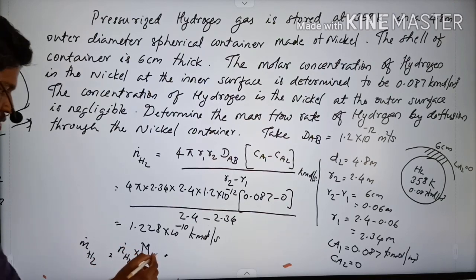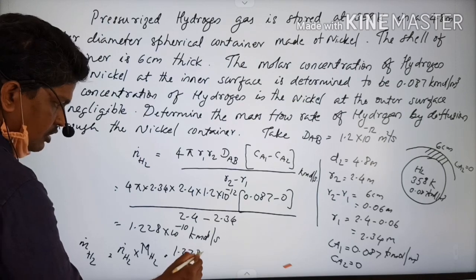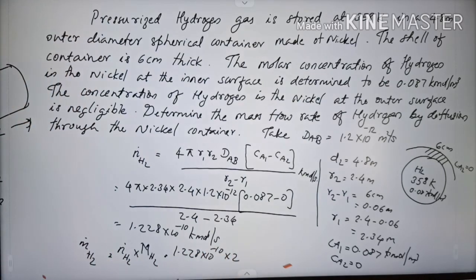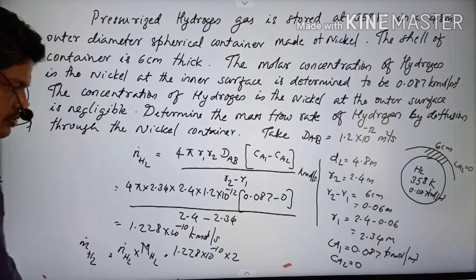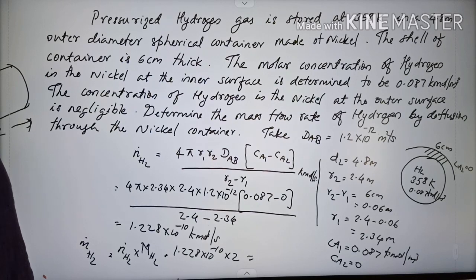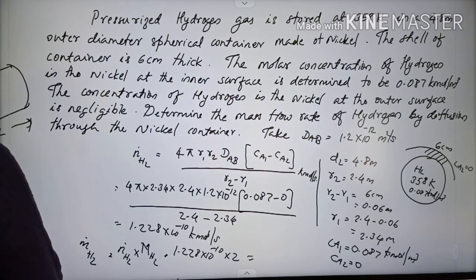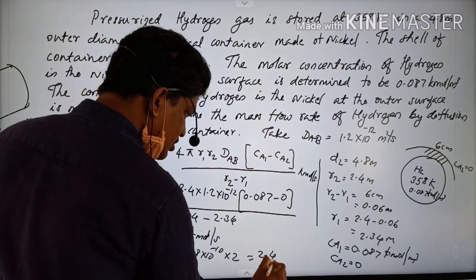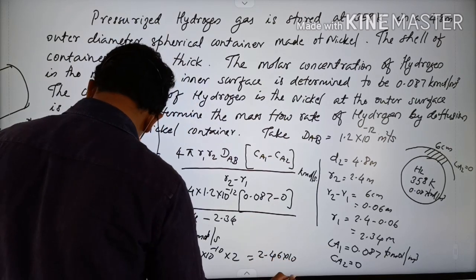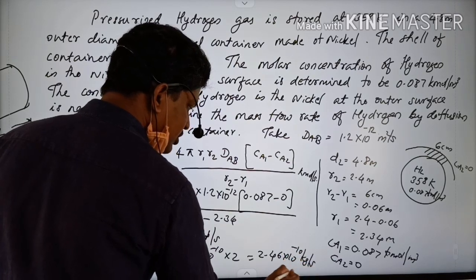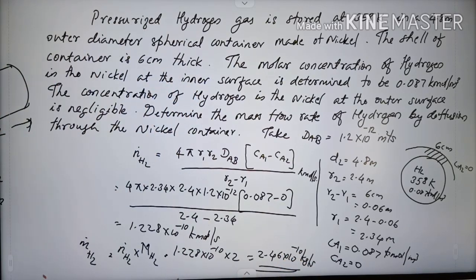So which is equal to 1.228 into 10 raised to minus 10 into the molar mass of hydrogen, which is 2. So which is equal to 2.46 into 10 raised to minus 10 kilogram per second.